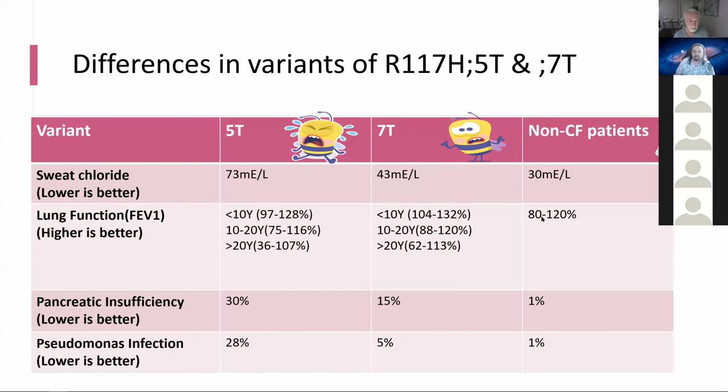So for normal people, it's 80 to 120%, but for both 5T and 7T, you're down to 36 and 62%, which is not great. Pancreatic insufficiency for the 5T is over twice that of the 7T, and almost 6 times as bad for the Pseudomonas infections for the 5T than the 7T.